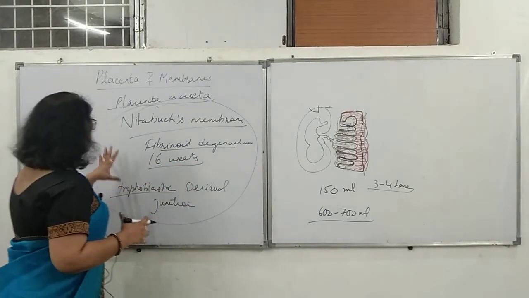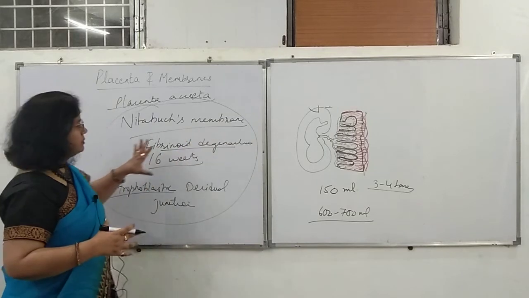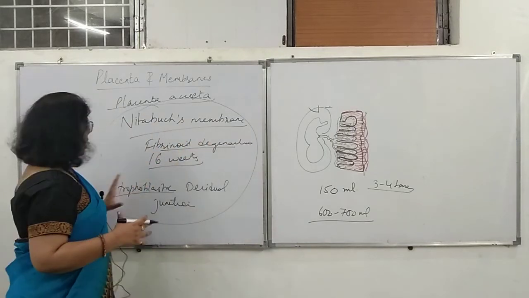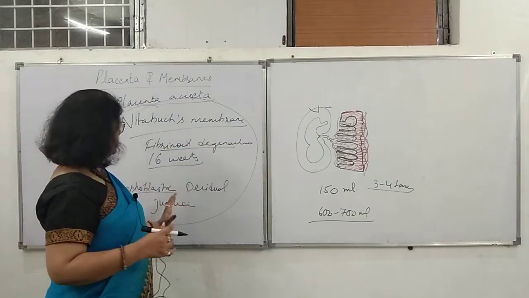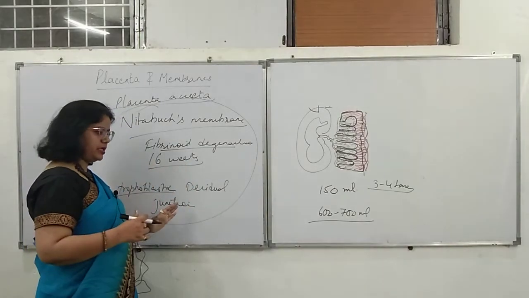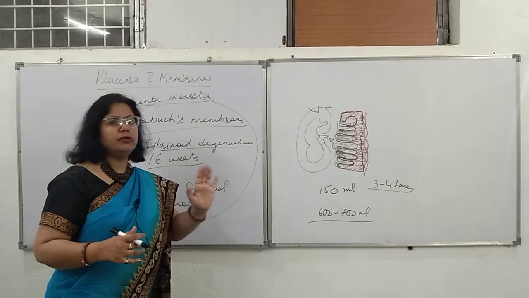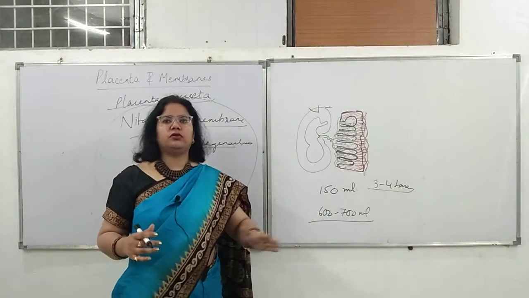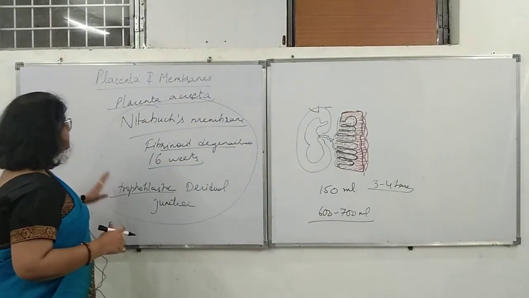This is because of absence of this Nitabuch's membrane. It fails to develop, and the trophoblastic invasion continues, first into the decidua, then later into the muscular tissue, and sometimes up to serosa level.